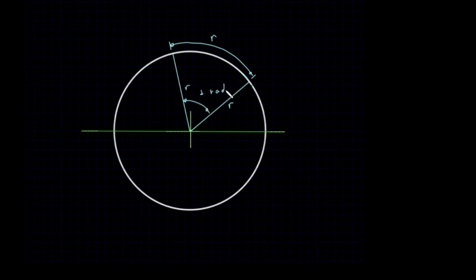I'm going to put rad. 1 radian is when the distance along the curve of the circle is the same as the radius. That is 1 radian. And there are pi radians equals 180 degrees.